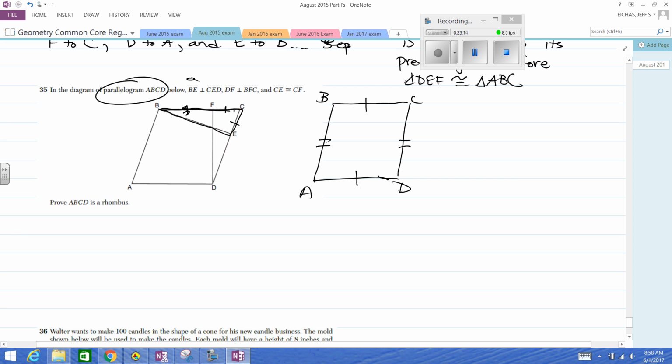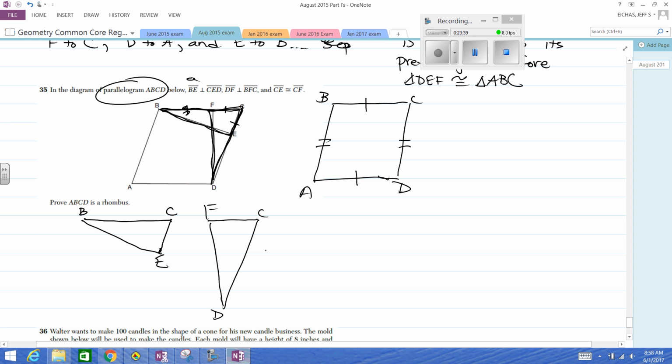Yeah, that might do it. If I can get these two triangles the same, let's pull those out. So you got the side BC to E. We've got to somehow get those the same. All right, then we've got F to C to D.